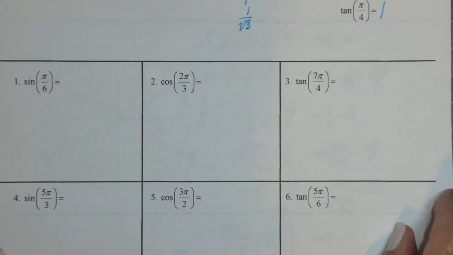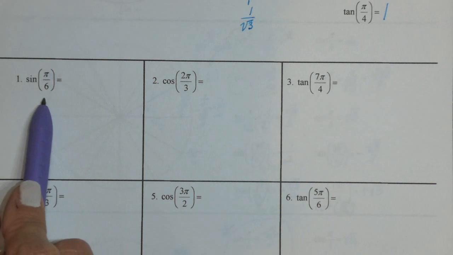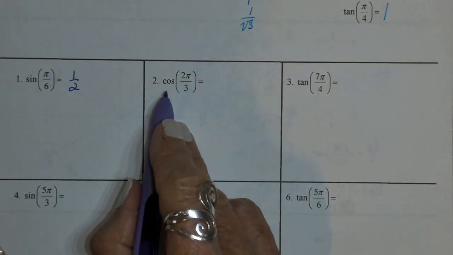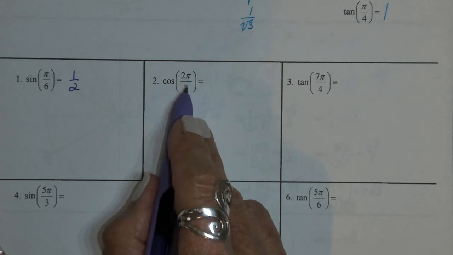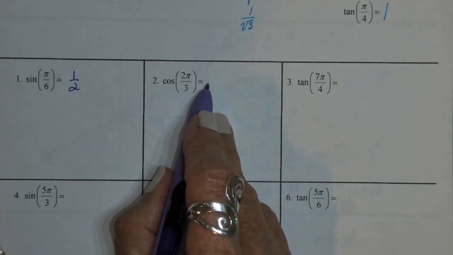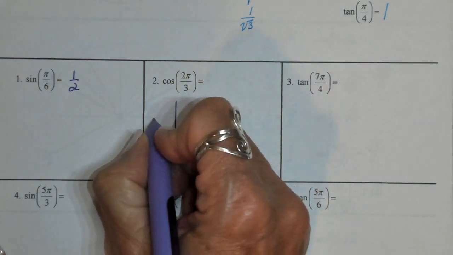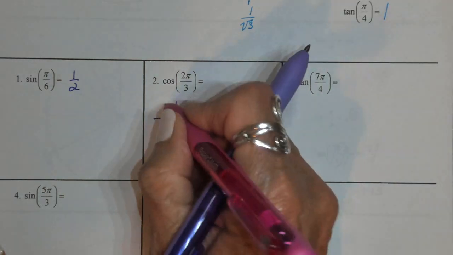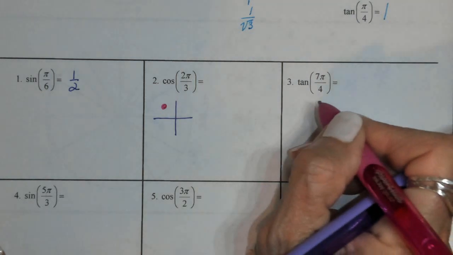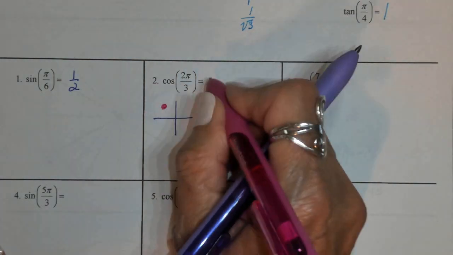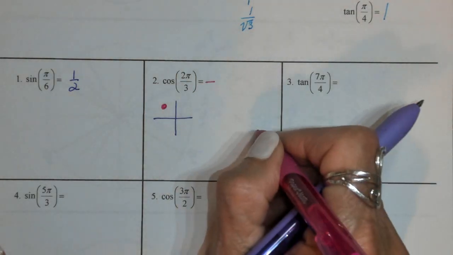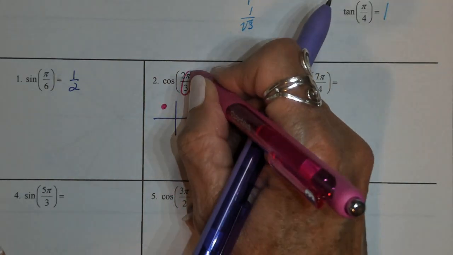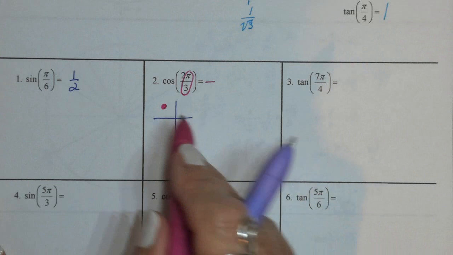So number 1, sine of pi over 6 is a half. Cosine of 2 pi over 3. Let's get the sign. What quadrant is this thing in? 2 pi over 3 is in quadrant 2, where cosine is negative. Now, look at the reference angle. It's a pi over 3.